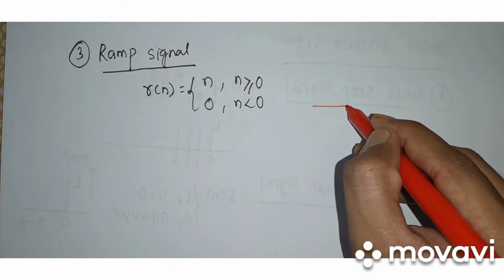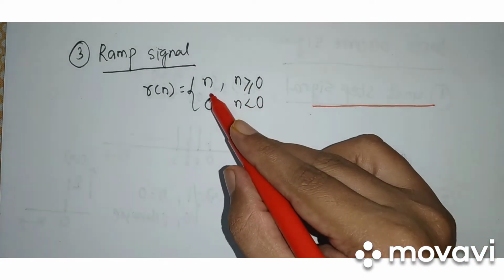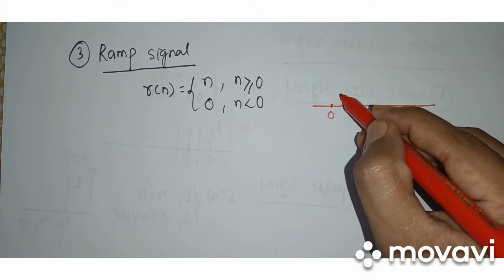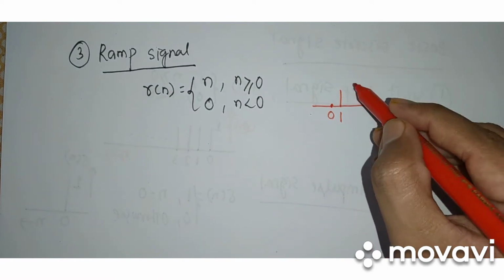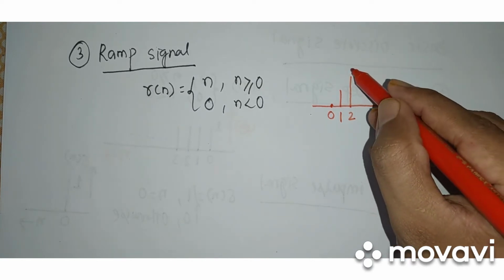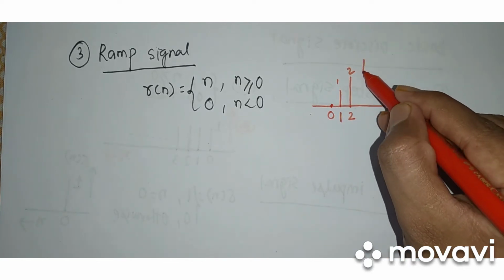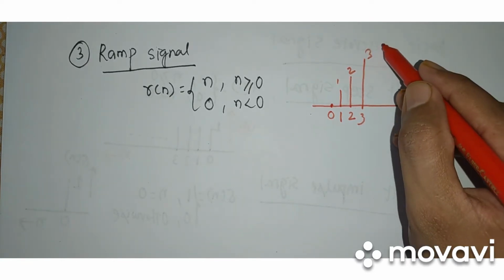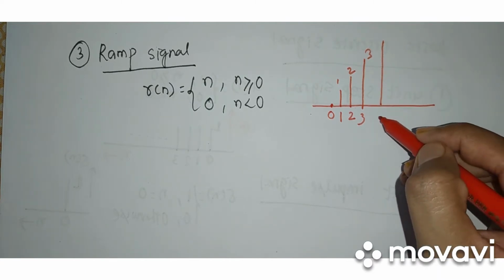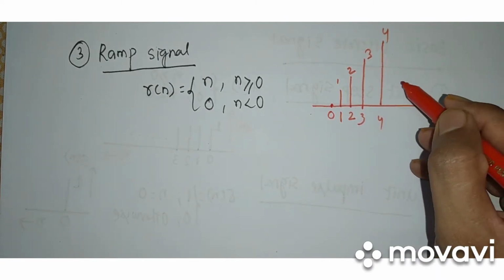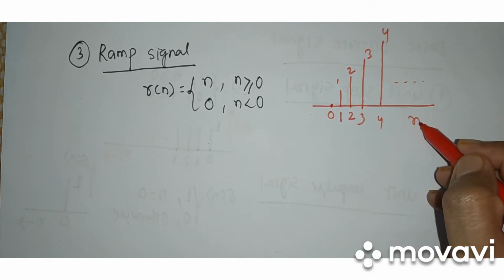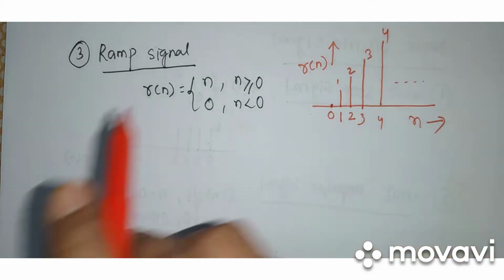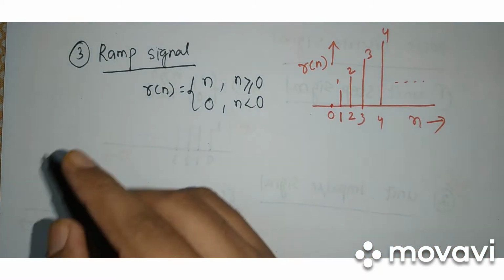When n equals 0, r of n equals 0. n equals to 1 means it is 1, n equals to 2, it is 2, n equals to 3, it is 3. Okay, similarly n equals to 4, it is a 4, like this. Okay, this is your ramp signal.